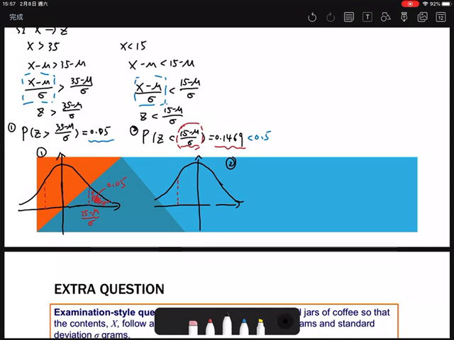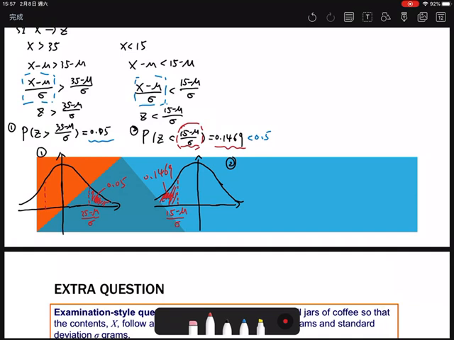So the red region is 0.1469, and the corresponding value is 15 minus mu over sigma.